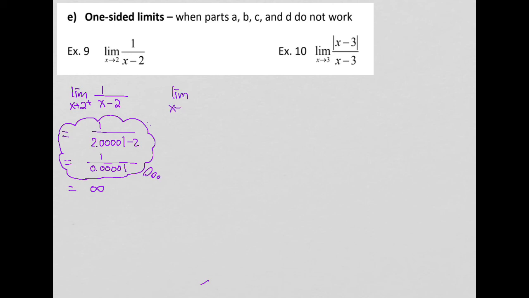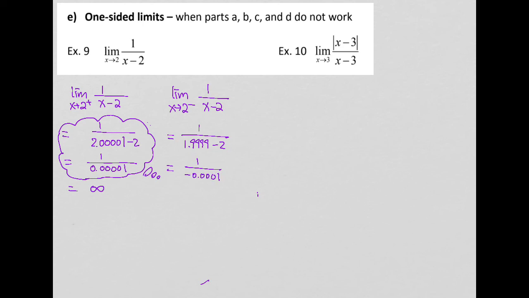And then we do the left-hand side limit. So x approaching 2 from the left. And you would do 1 over 1.9999 minus 2. Once again, because I substitute a value into the x, I don't write the limit. Then I will do 1 over negative 0.0001.